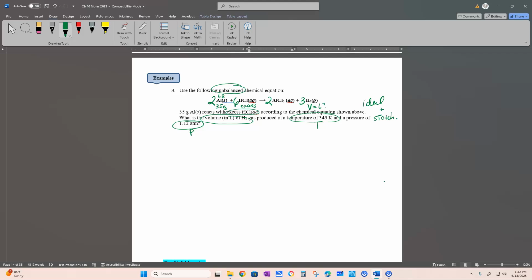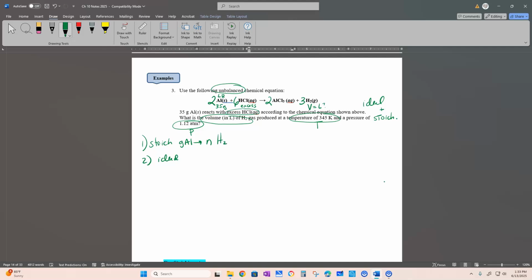So you have a choice. You could either, one, do the stoich first, and I'll show you right there: grams of aluminum, and because we're going to use the ideal gas equation, we want to go to moles. So grams of aluminum to moles of H2.